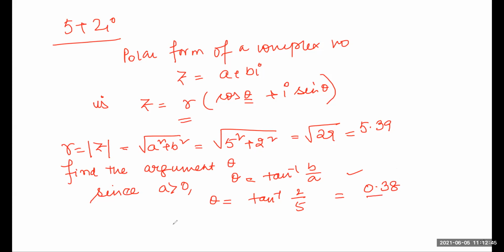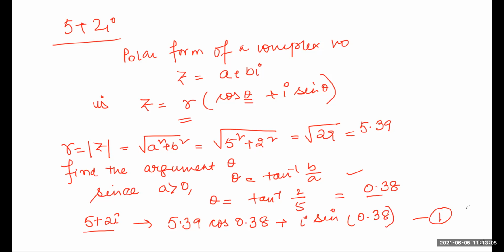Okay, so you got theta. So the polar form of 5 plus 2i, you can write as 5.39 cos 0.38 plus i sin 0.38. This is one form of writing the complex number, the polar form of a complex number.